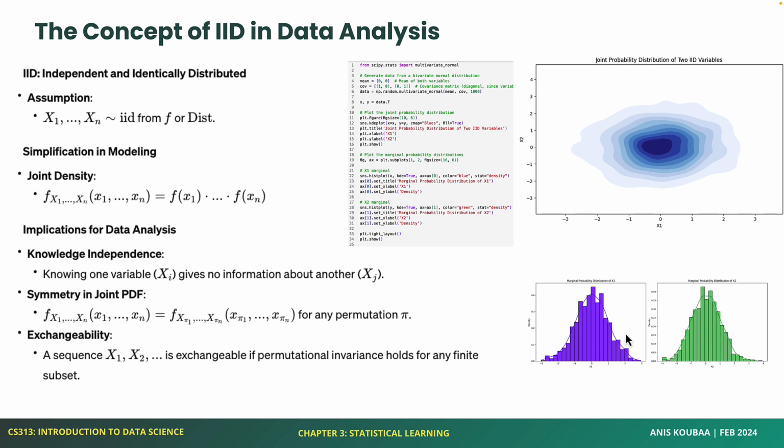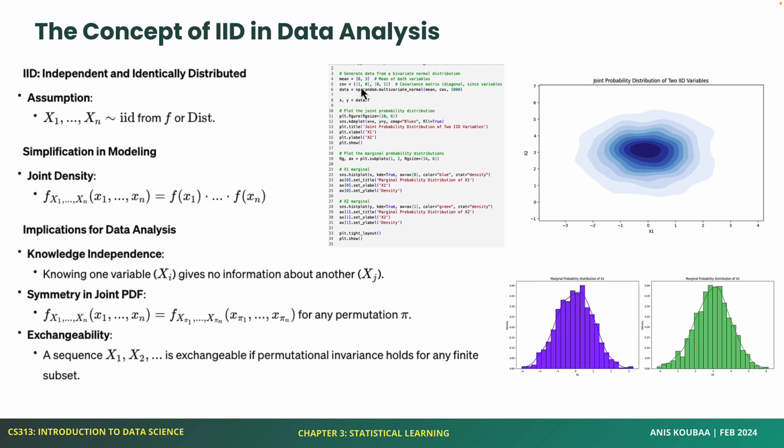And look now, if I change the average value from 0 to 3 for x2, now the concentration of points will be around 0 for x1 and 3 for x2. Because here the histogram is also centered around 3. Okay, so this is just to show you the difference between the marginal distribution. Marginal means the independent distribution of variables.